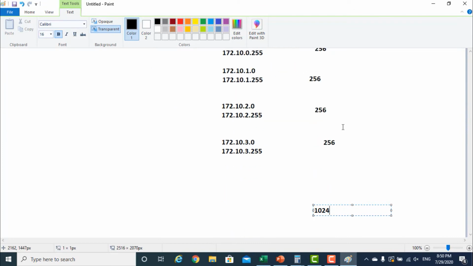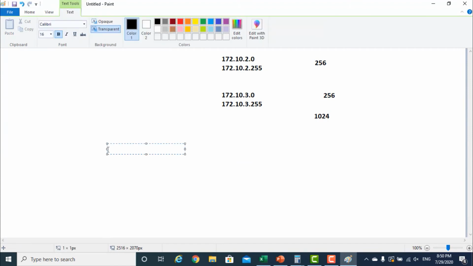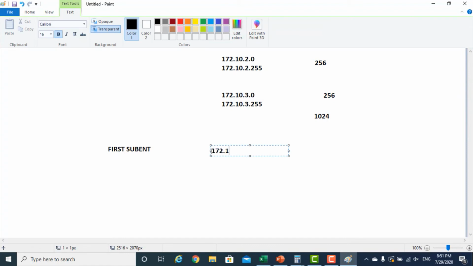So now, what is going to be my first subnet? My first subnet is going to be from 172.10.0.0 to 172.10.3.255. Yes.